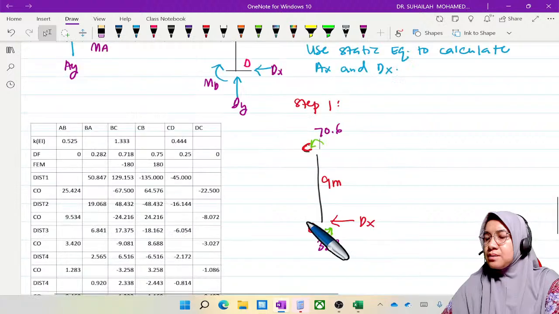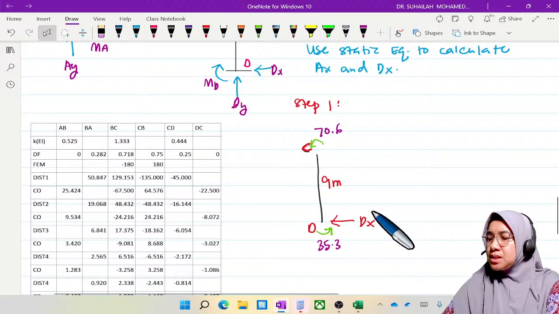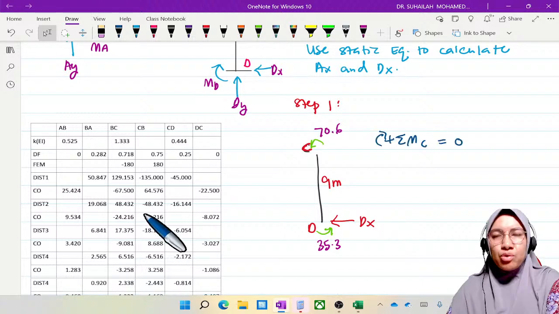Like this, so we will get Dx. By taking moment at C equal to 0, we will get Dx.